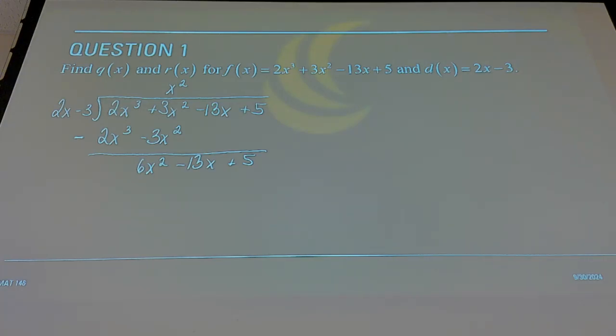So you play the same game. Your new leading term is 6x squared. So what are you multiplying 2x by to get 6x squared? Multiply the divisor by 3x and subtract it from the new dividend.